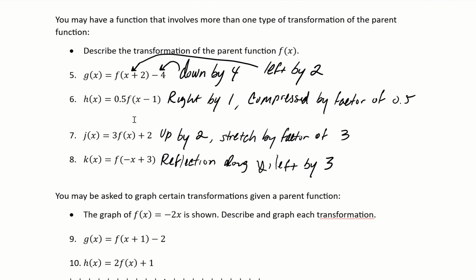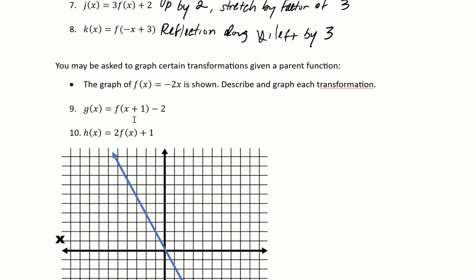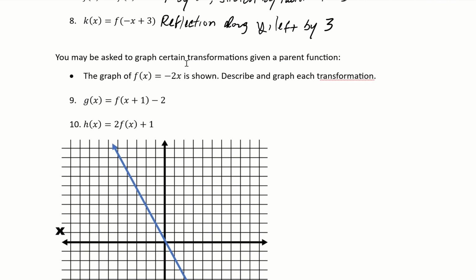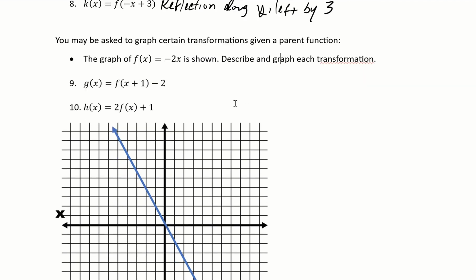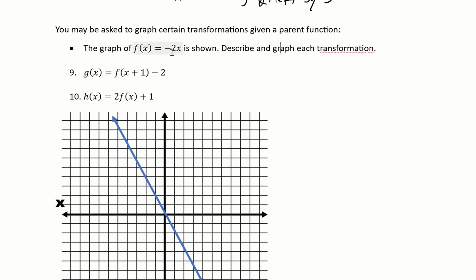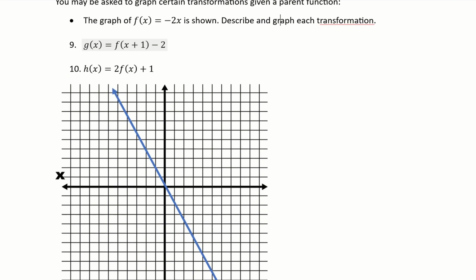Okay. You might be asked to graph certain transformations given a parent function. Did I spell this wrong? I guess not. Okay. So if I have f of x is equal to negative 2x, I might be asked to graph what is f of x plus 1 minus 2. So what I'm going to do, just a quick way of doing this, is I can find a point on my parent function.